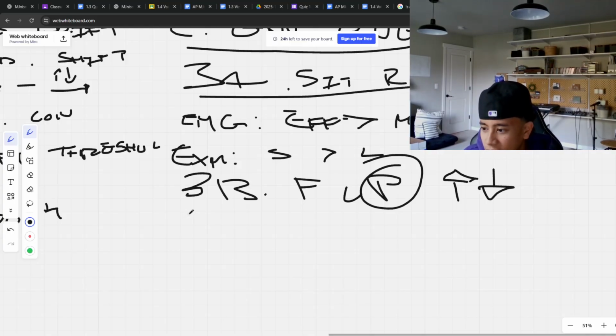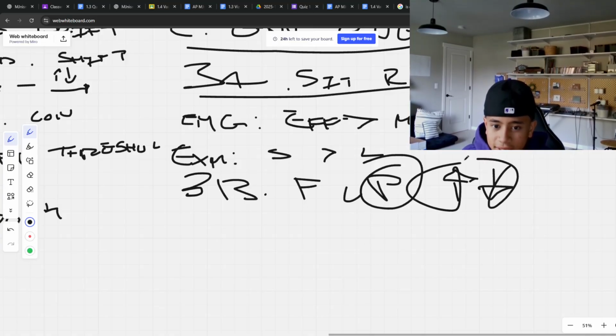Examples: running is rational during a fire, irrational during a class presentation. Or vulnerability is rational in therapy, irrational in corporate meetings. And a brief summary: fluid logic is the opposite of absolute logic. There are two contrasting ideas in this.